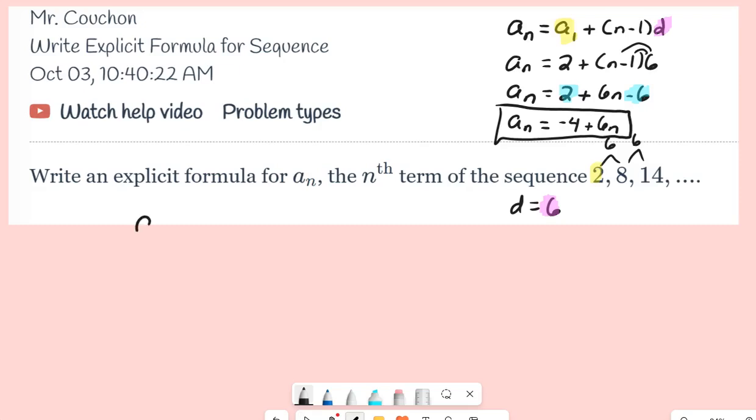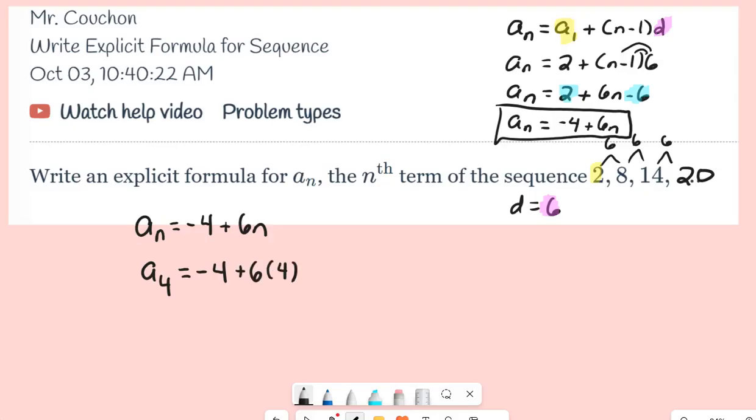Now I actually like to test these, so I'm going to bring this over here and make it a little bigger. Negative 4 plus 6 times n. Now I know that to get the fourth term I would just add another 6 to 14 and I would get 20. Let's see if that works here. So a sub 4 equals negative 4 plus 6 times 4.